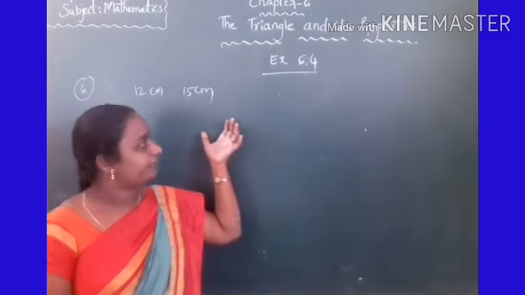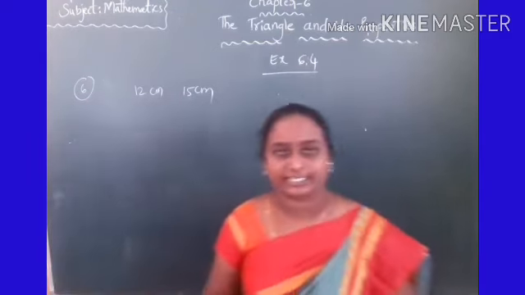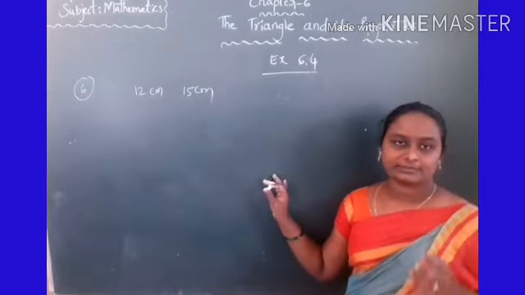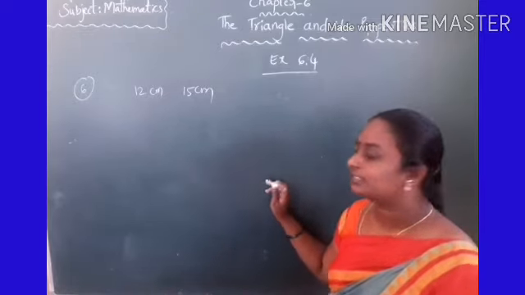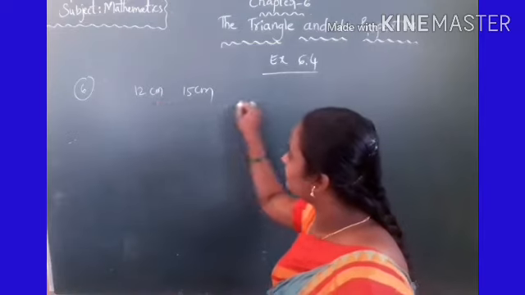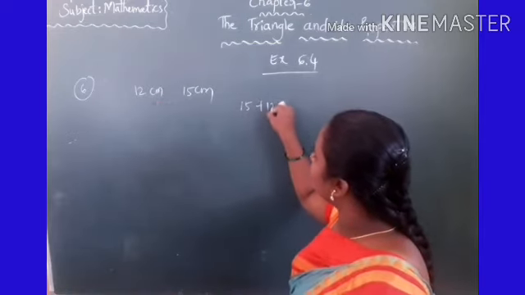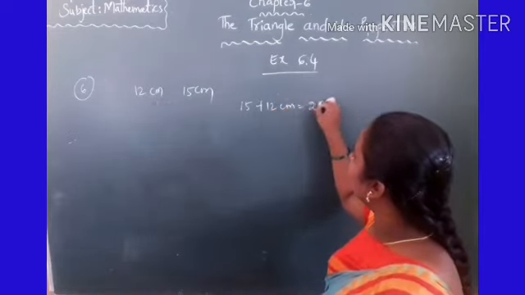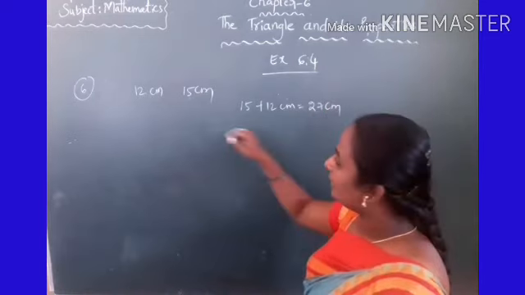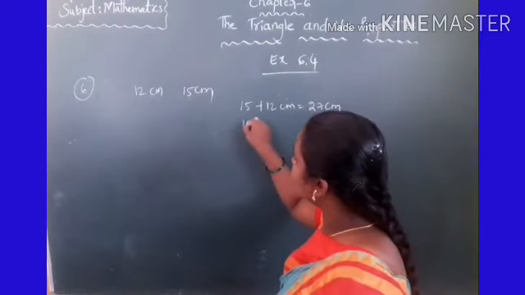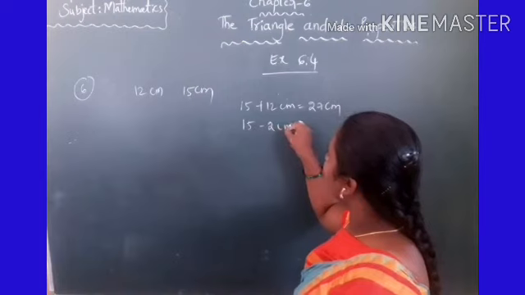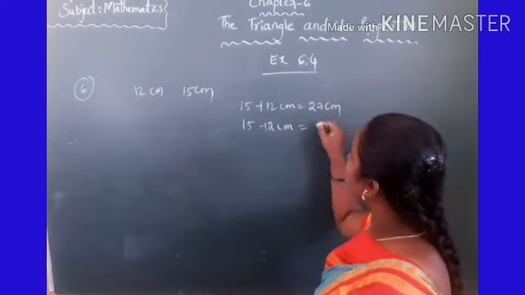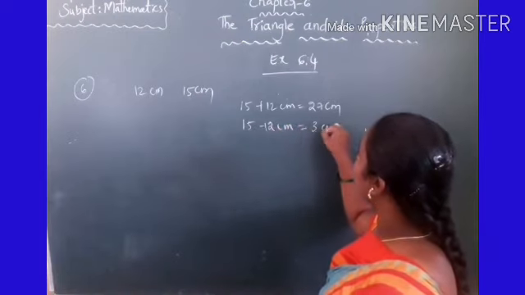So observe here, we know the property of a triangle, that the sum of the lengths of two sides is greater than the third side. The sum of the two sides is 15 plus 12, that is 27 centimeters. If you take the difference, 15 minus 12, it gives 3 centimeters.